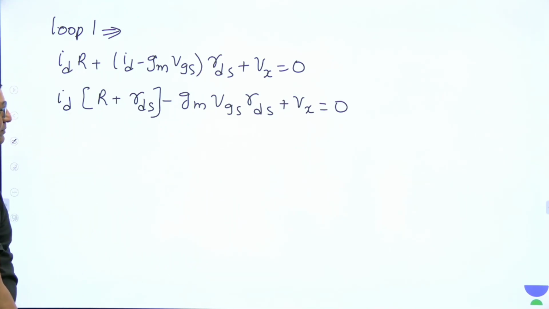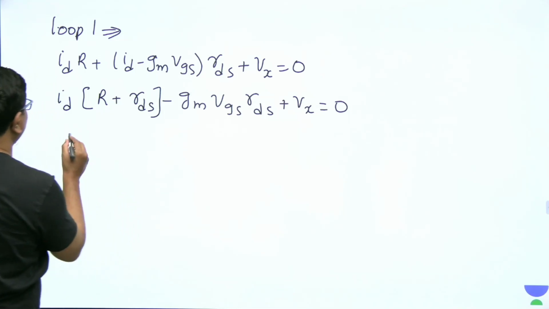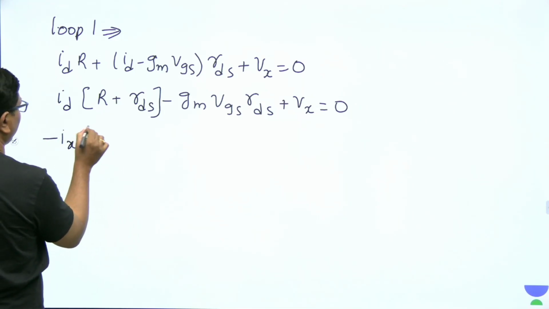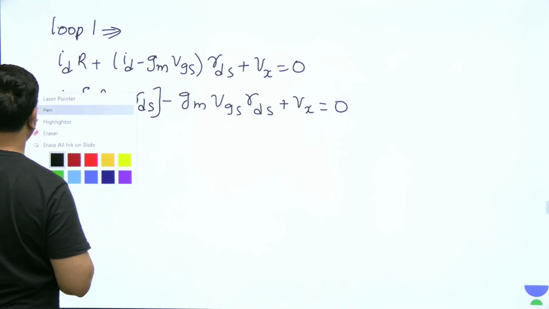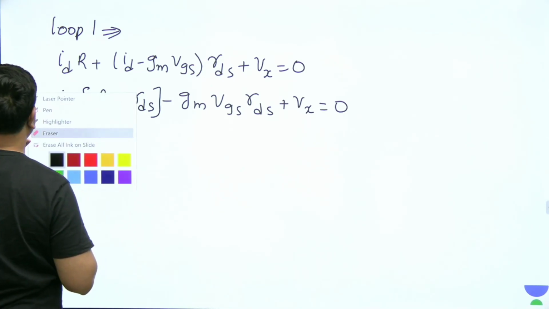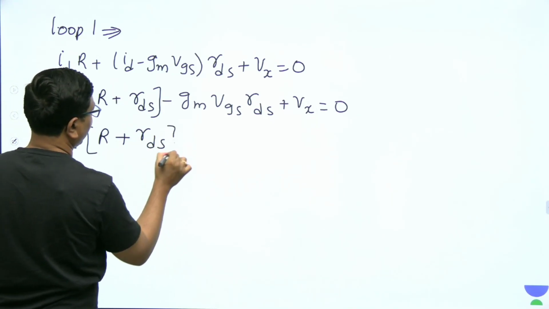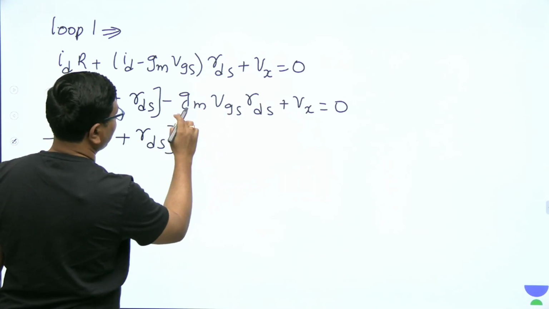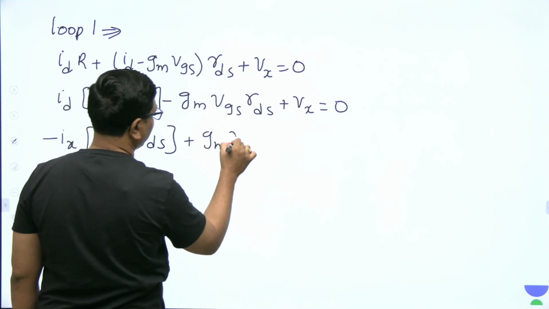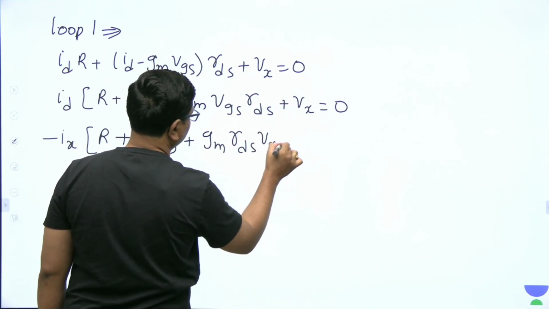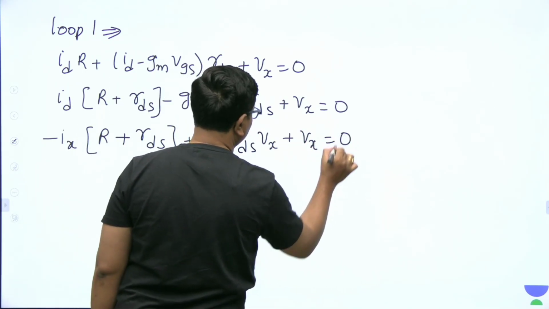Instead of ID, I can write minus Ix, so it is minus Ix into capital R plus RDS. And instead of minus VGS, I can write plus Vx. So it is GM into RDS into Vx, plus Vx is equal to 0.